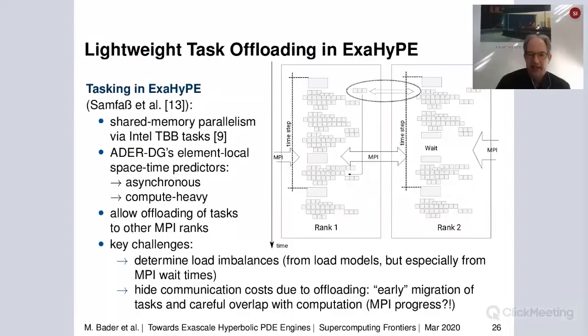So we can migrate tasks if, for example, ranks and compute nodes are decreasing their performance due to overheating or whatever other reason, or because they are close to failing. So in that sense, we can deal with load imbalances imposed by external influences, not coming from the numerics itself.